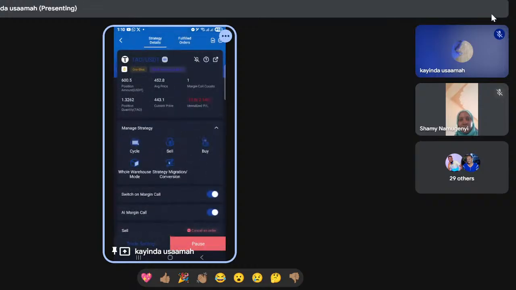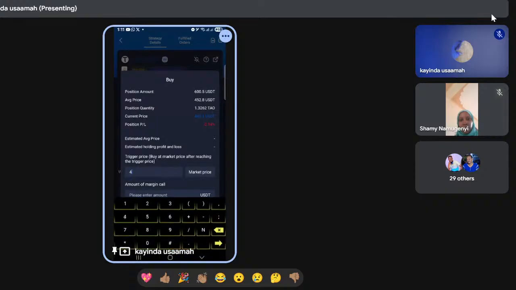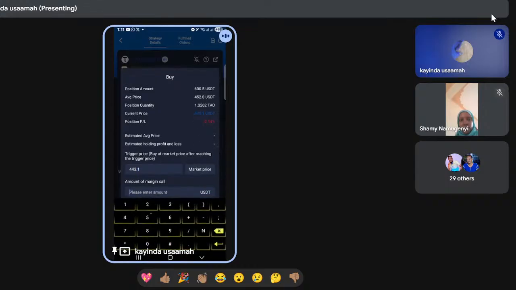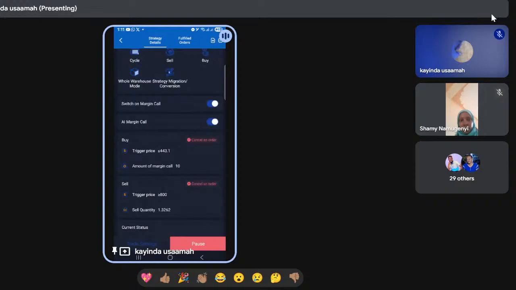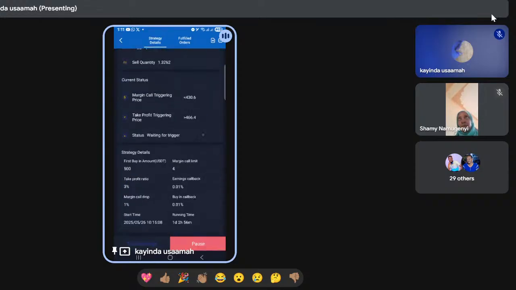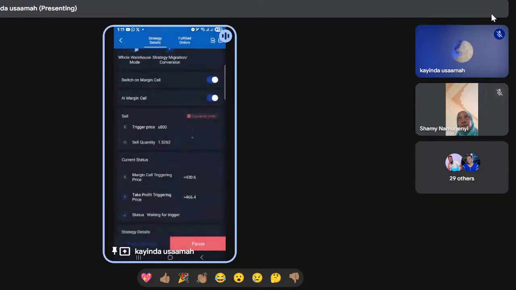For example, I'm going to tell it to buy at 443.1. Then I tell it to put there $10. Then I confirm. Now let me put 443.